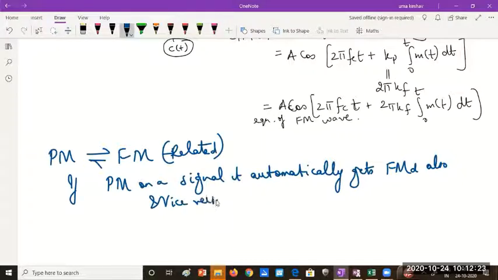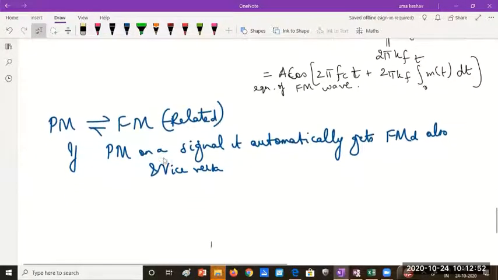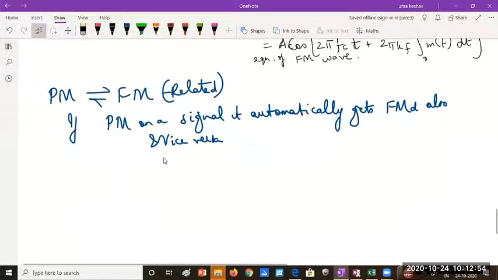If I frequency modulate a signal, it is automatically phase modulated also. So we can't consider phase modulation and frequency modulation independent of each other. Both are interdependent. If you apply any one of the modulation techniques, the other automatically happens.